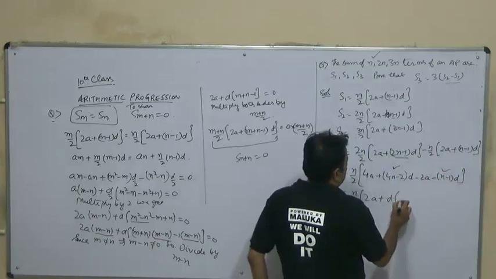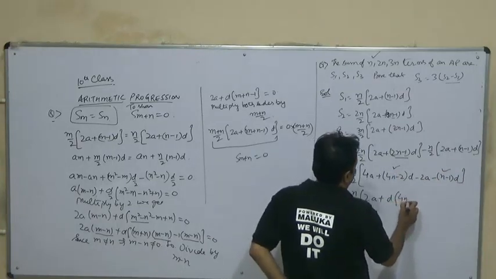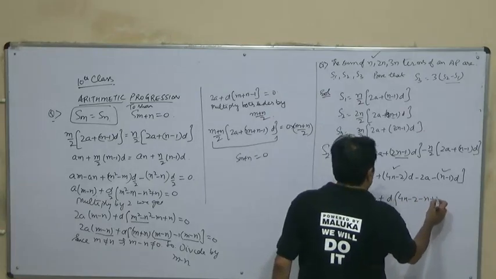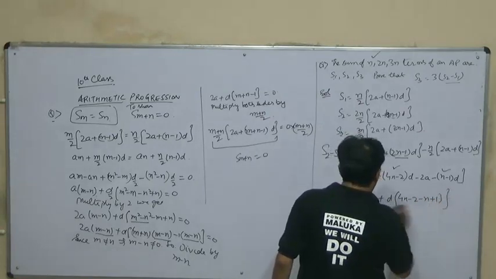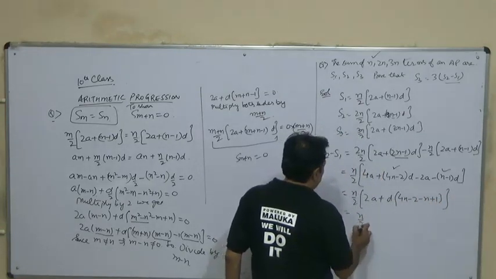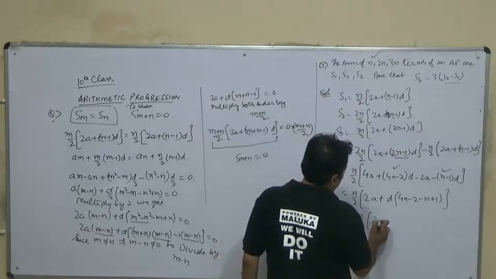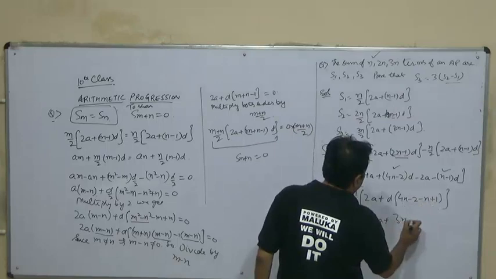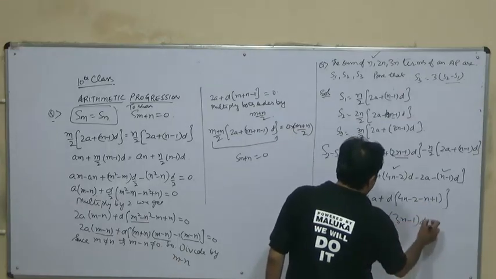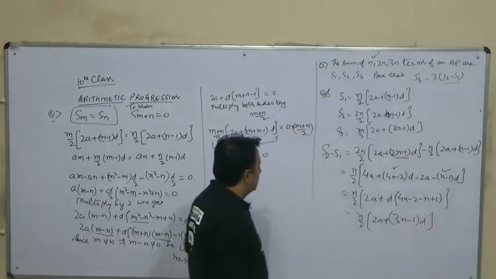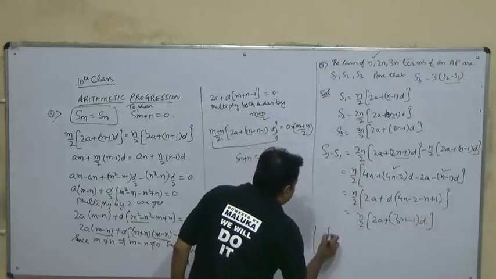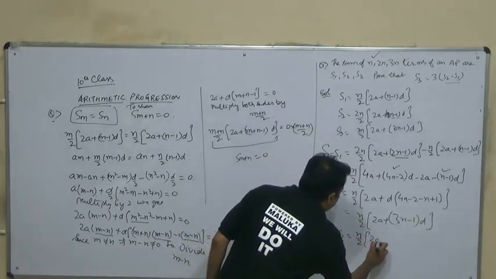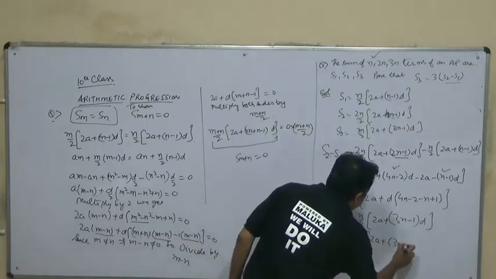So this will be (4n minus 2 minus n plus 1). So this will be n by 2, (2A plus (3n minus 1) into D). Okay. So what we have found, S2 minus S1 is equal to n by 2, (2A plus (3n minus 1) into D).